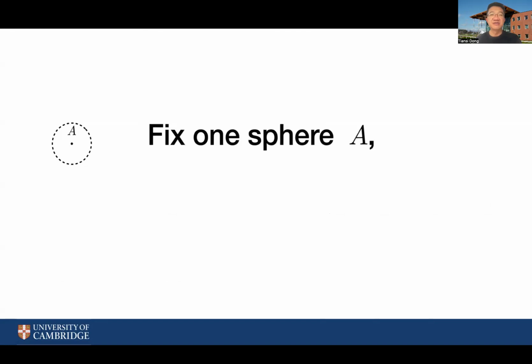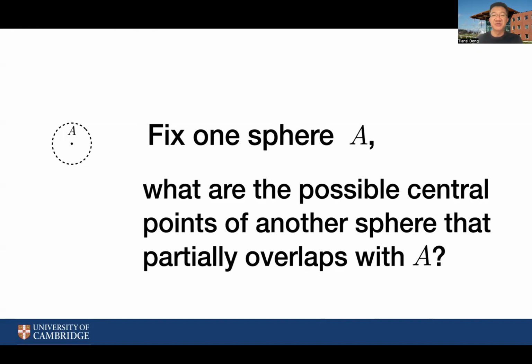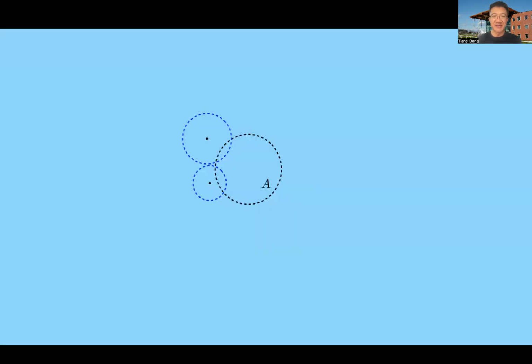The last question is, given a sphere A, what are the possible central points of another sphere that partially overlaps with A? It's a little bit tricky, but it's not difficult. Anywhere in the universe we can draw a sphere.